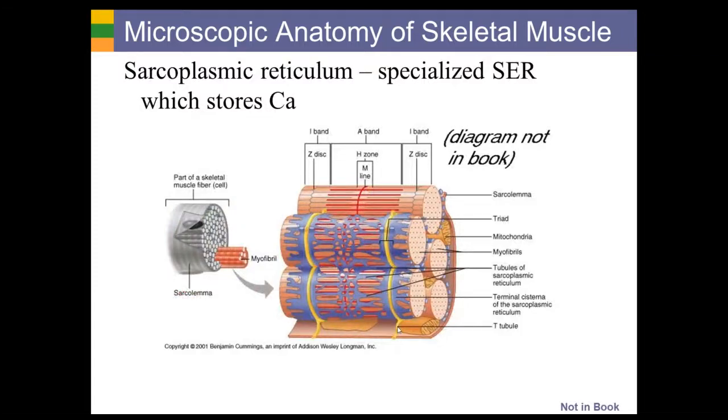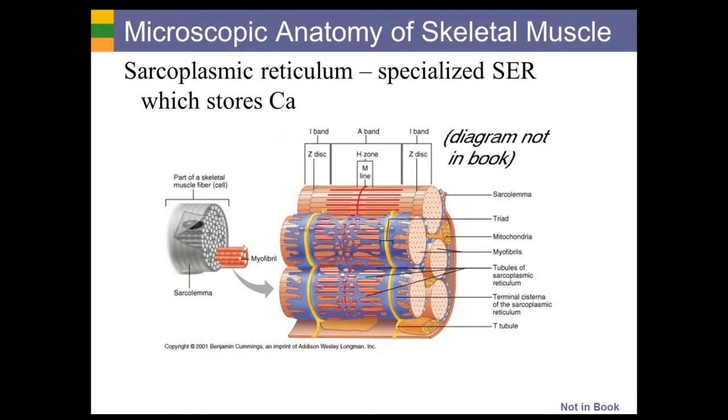Now, I want to call your attention to another important organelle found in the cytoplasm, and that's the Sarcoplasmic Reticulum. So the Sarcoplasmic Reticulum is nothing more than a specialized, smooth endoplasmic reticulum. How is it specialized? Well, it stores calcium, and you're going to see later today why that's important.